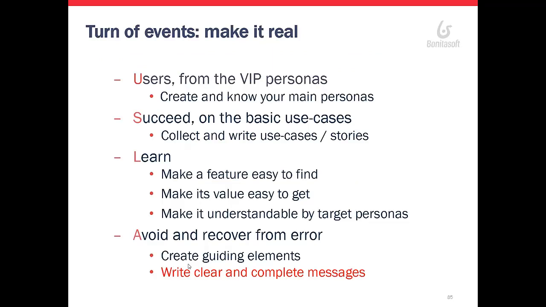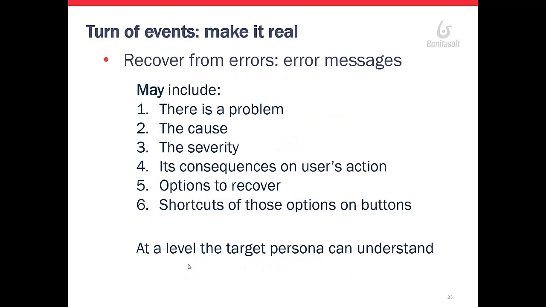Now, what should be considered as a clear and complete error message to recover from an error? Well, an error message may include the following. It should say there is a problem, not always calling this an error, because if you have not said that a password should follow certain rules, then it's not fair to say that the user has made an error.